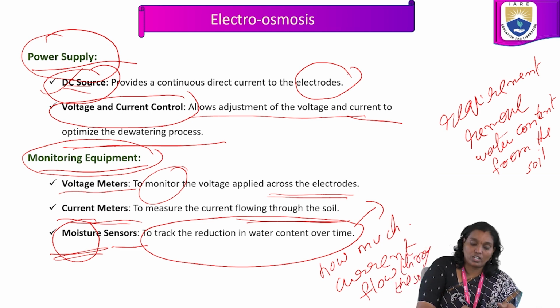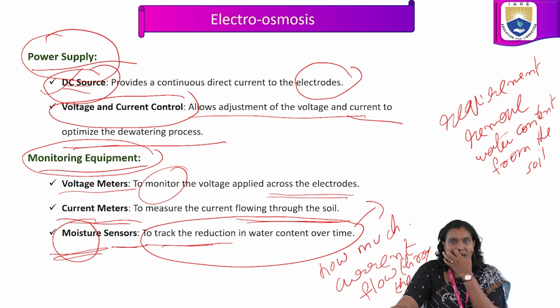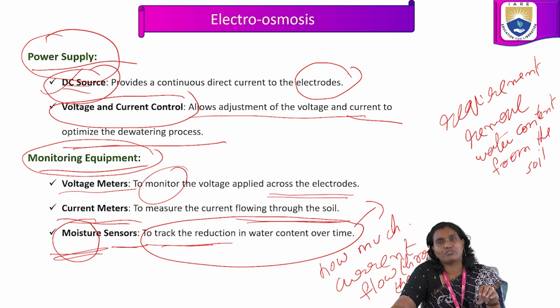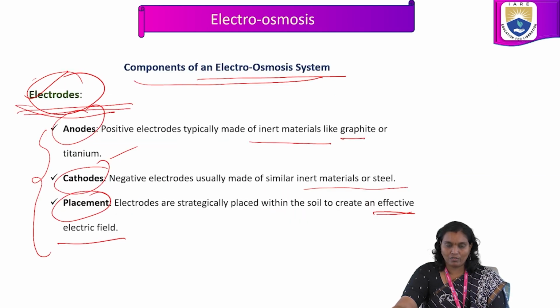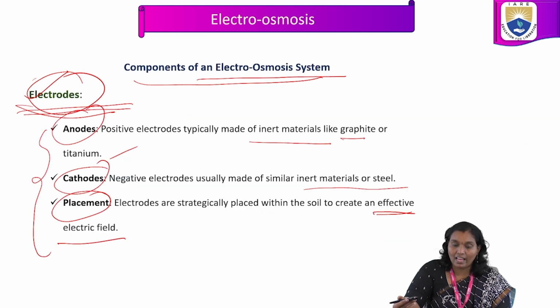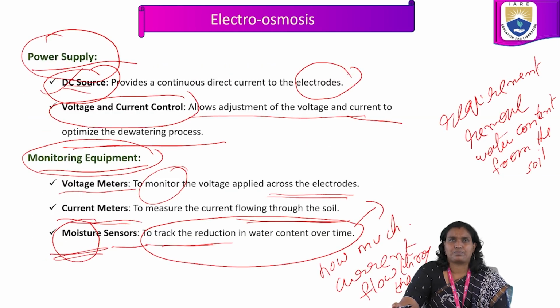For that we track the reduction in water content over time. So monitoring equipment is also one of the important components. Here we have electrodes, power supply, and monitoring equipment. These are the components of an electroosmosis system.